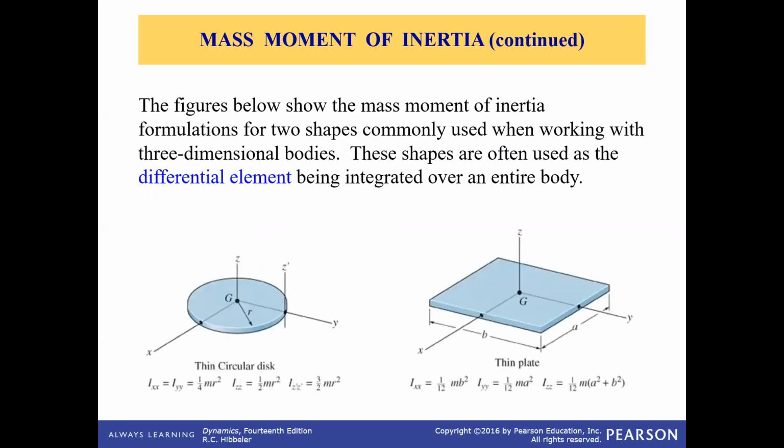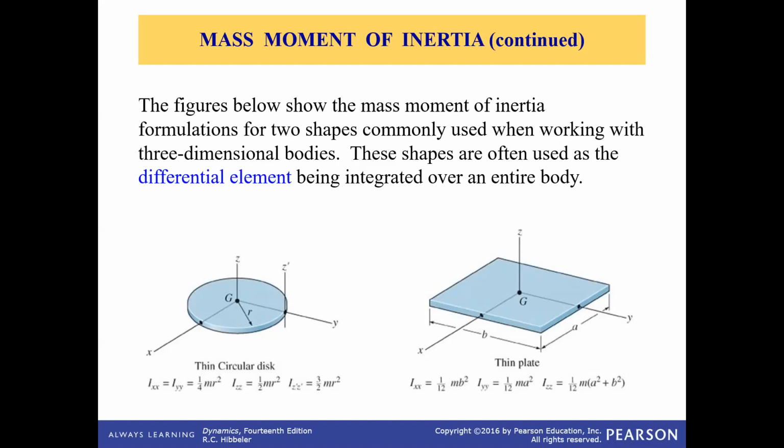Typically you'll use a differential element, and very often you'll use thin slices, like a thin disc and a thin plate. Very often an object can be divided into small slices of discs or plates, and then you can integrate through the whole body.